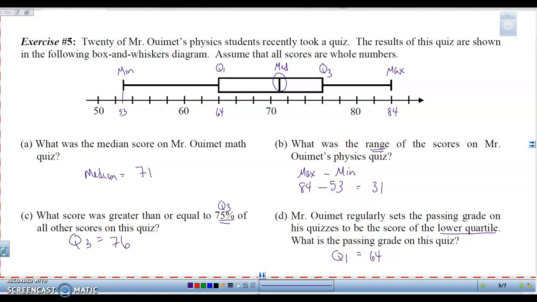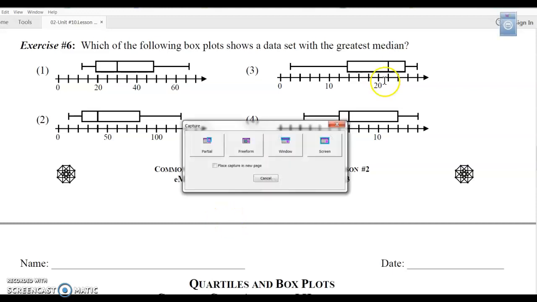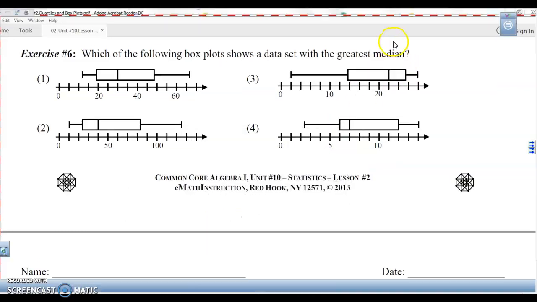All right, one more question and then you can do your homework. Okay, which of the following box plots shows a data set with the greatest median? Okay, you have to be really, really careful about this to pay attention to your scale. We know the median is the line inside the box. So it would be very tempting to say, oh, this one's the farthest to the right, this must be the median. Problem is, let's look at the scale down here.